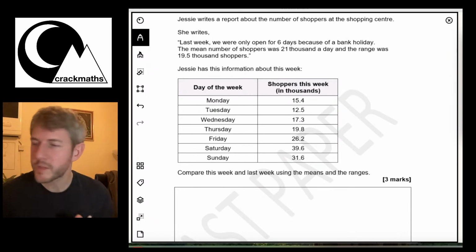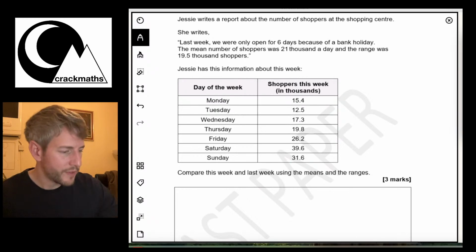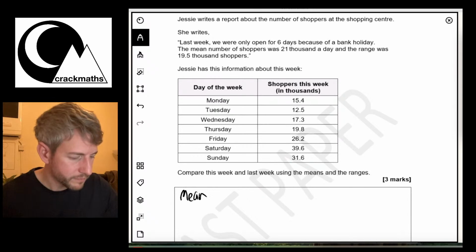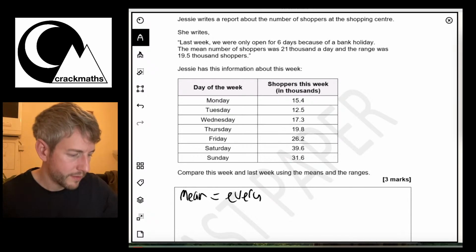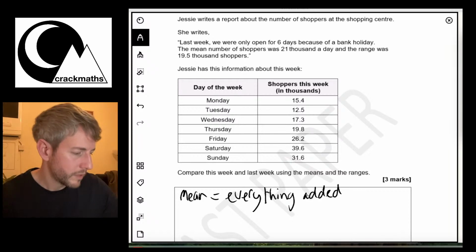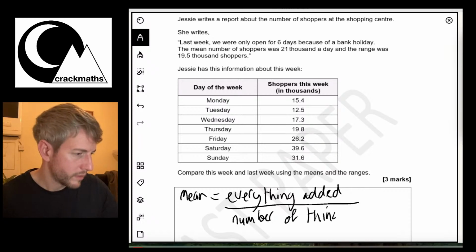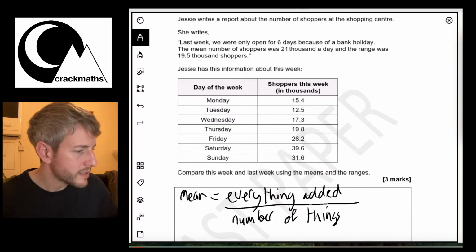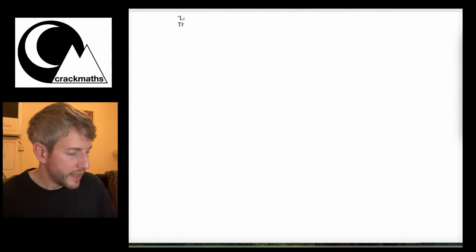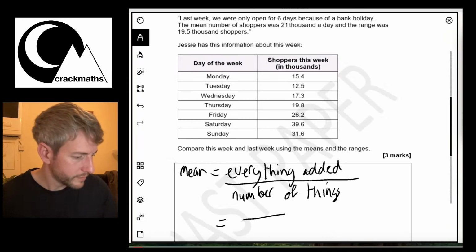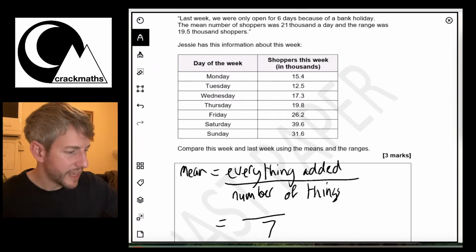Okay, fine. So that means we have to find the mean of this data. Remember, the mean is everything added together divided by the number of things. So this week, it is 7 days. Then we can add these together to find the total number of shoppers.